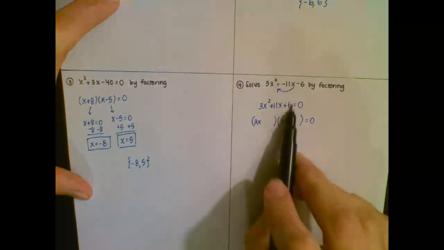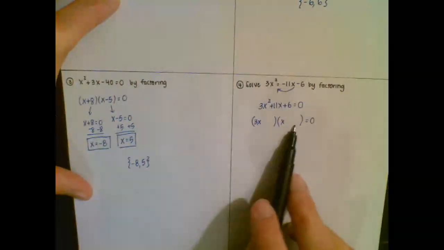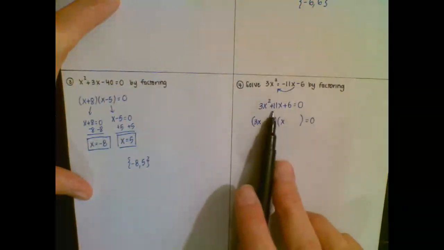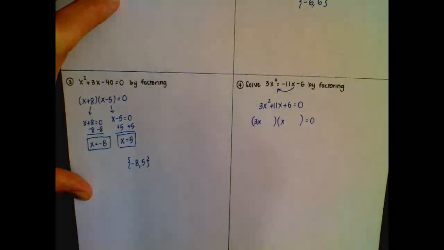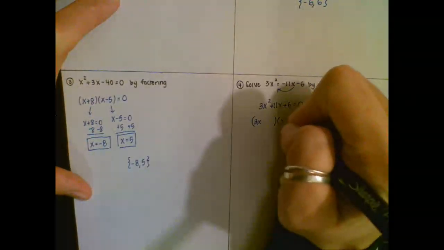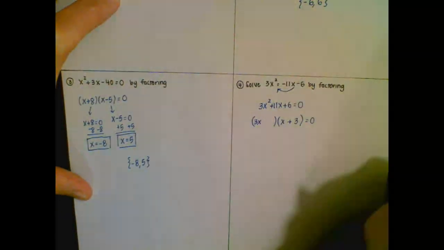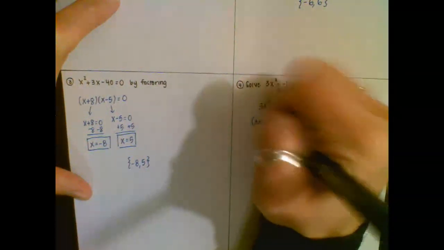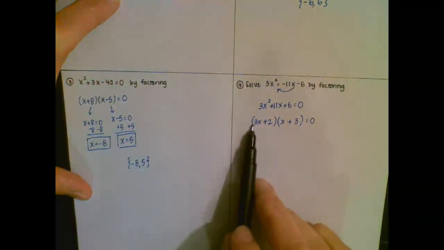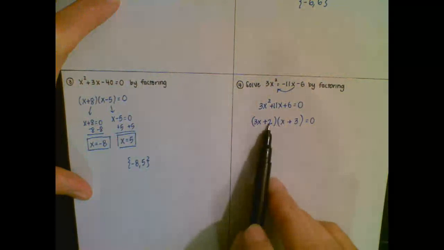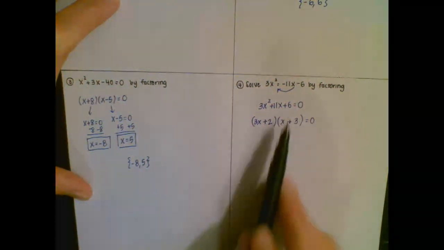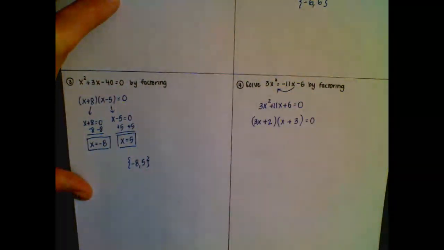And then I would want to play around with the factors of 6 to see if I can place them to make sure that my middle terms add up to 11. I believe that would be a plus 3 over here, and a plus 2 over here. Because if I pull that back out, 3x squared plus 9x plus 2x plus 6 would give me my original.